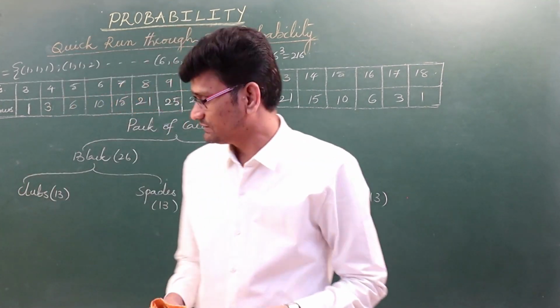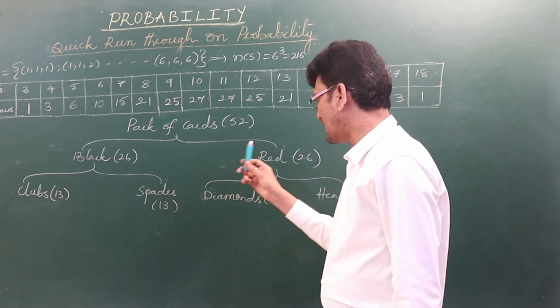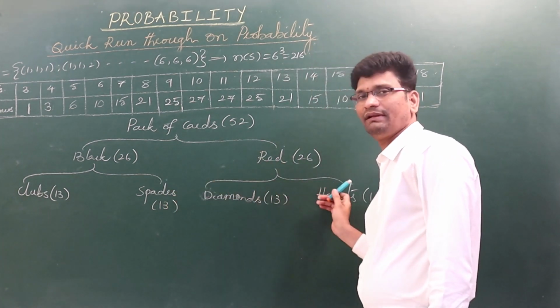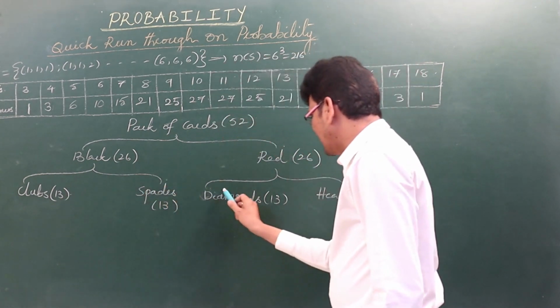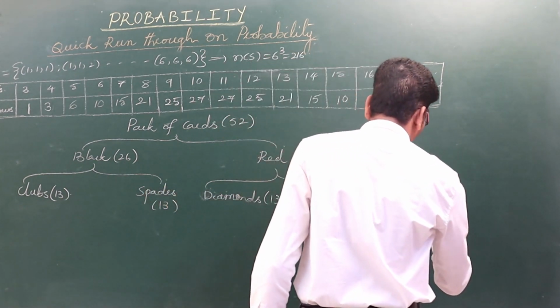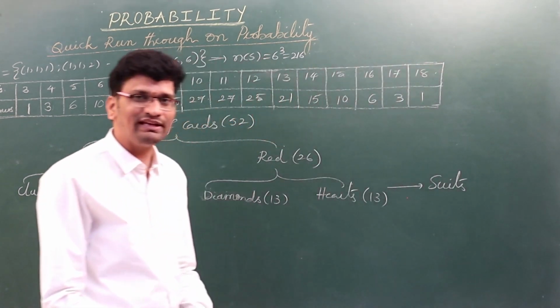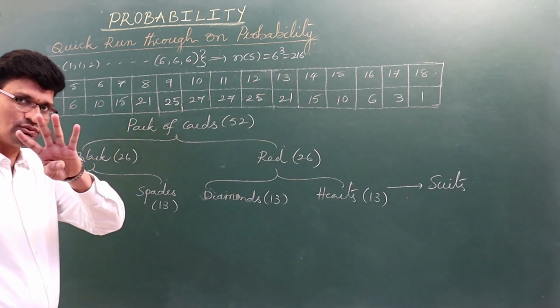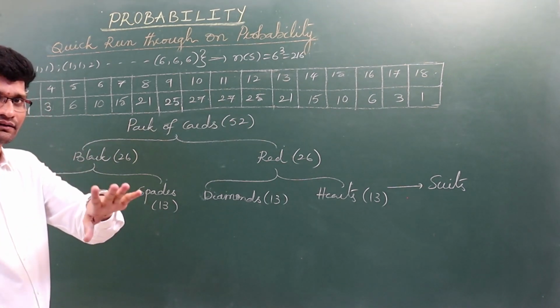The first one is clubs, second one is spades. And red are again 2 types, diamonds and hearts. These 4 are said to be suits, S-U-I-T-S. So in a pack of cards, how many suits are there? 4 suits. Each suit contains 13 cards.